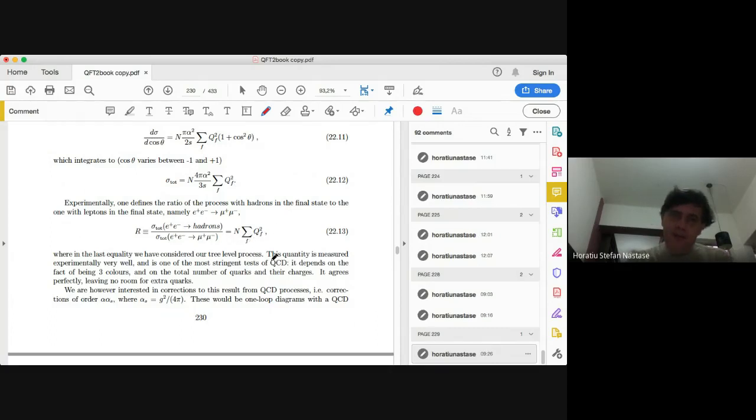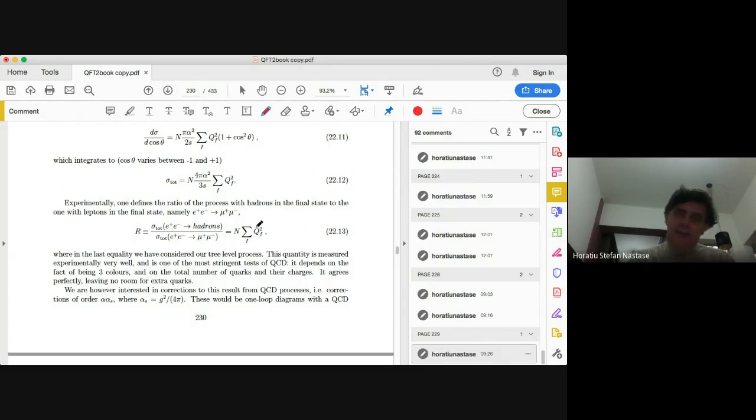But we can measure this very precisely, and this is why it is relevant, because this is one of the most stringent tests of QCD. It shows very precisely that there are 3 colors; sorry, it constrains this combination.